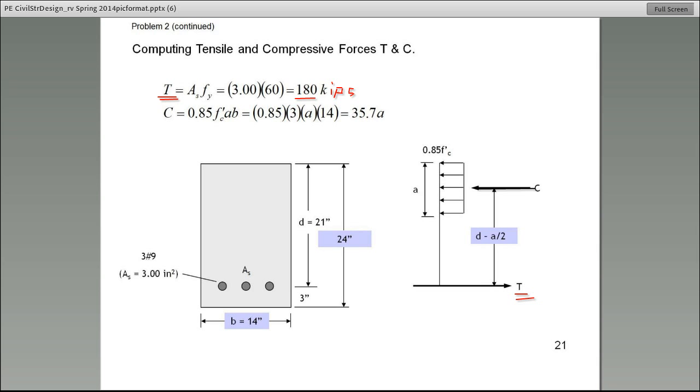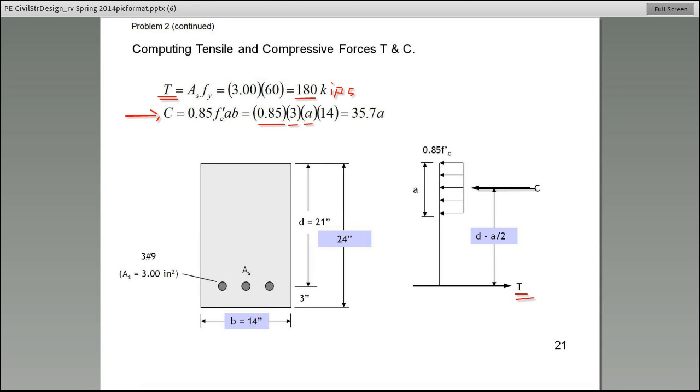Then we calculate capital C, the total compressive force. And I told you it's 0.85 F prime C times A times B. Substitute. 0.85 is 0.85. This 3 was given to be 3,000 psi. We're using the loads in kips here.